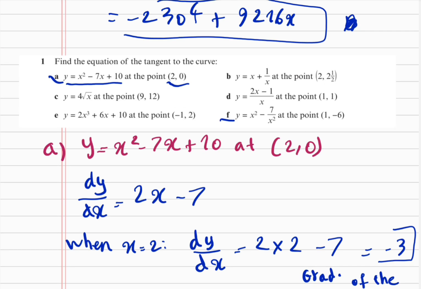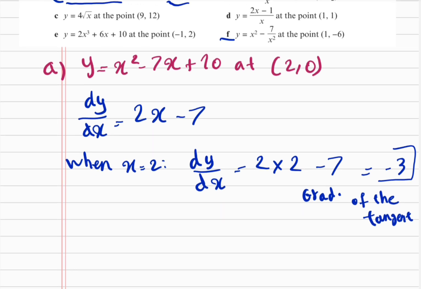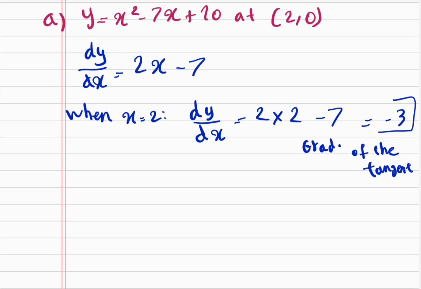Now we also have the point, the point that the tangent passes through. So we can now use this general form of the equation of a straight line, which is y minus y0 is equal to m times x minus x0, where y0 and x0 are the coordinates of the point. So let me also remind you that many of you might be asking, why can't we use the form y is equal to mx plus c, the form that you used to use in GCSEs.